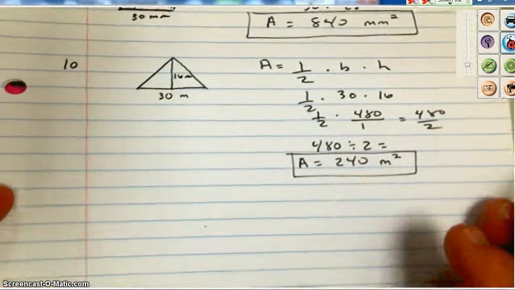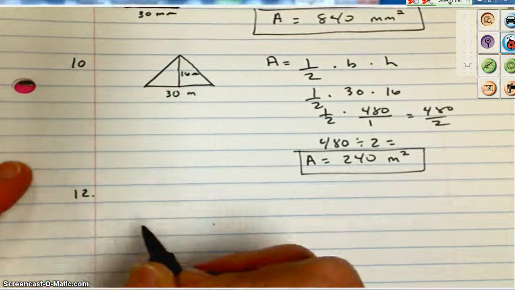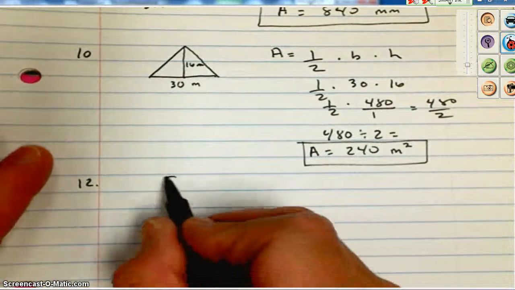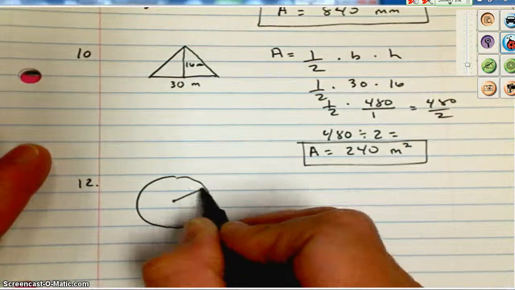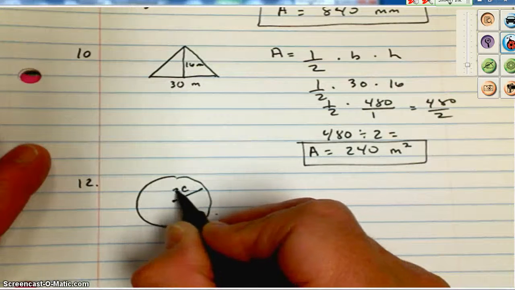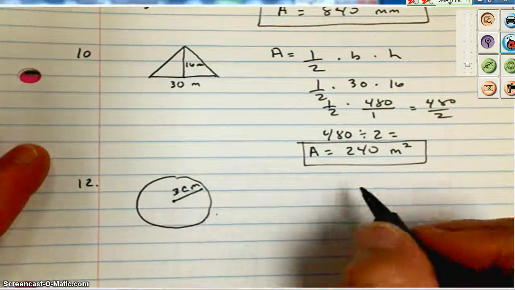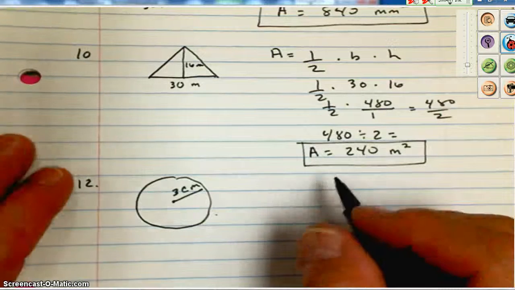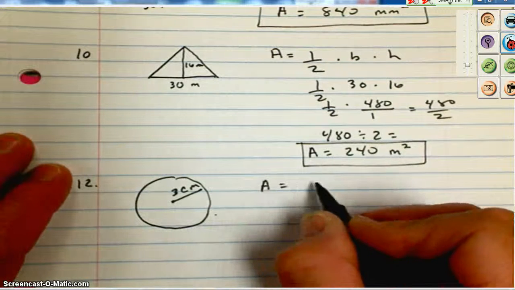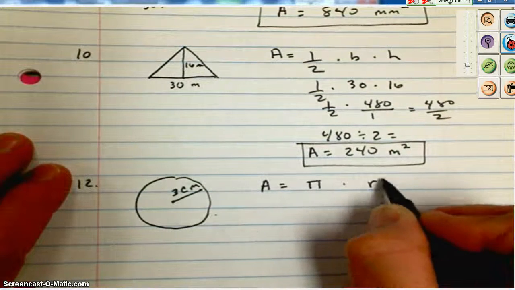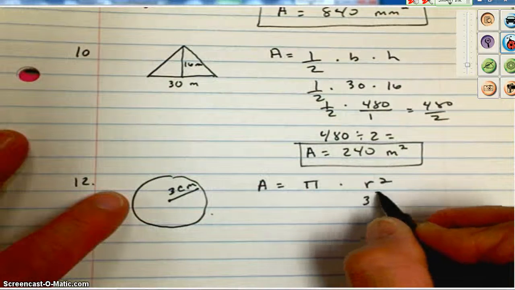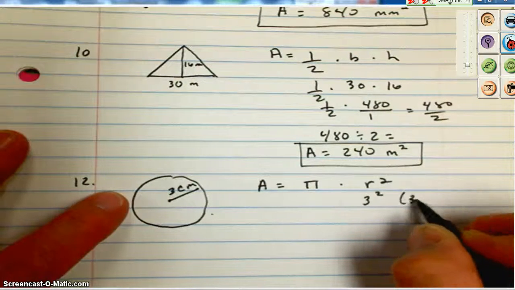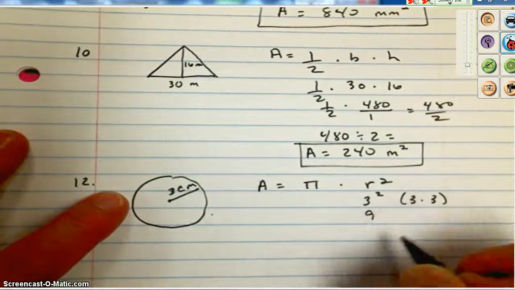Number 12, you had a circle with a radius of 3, I believe, centimeters, and we want to find the area of this circle. Area of a circle is equal to pi times radius squared, and the radius in this case is 3, so 3 squared is 3 times 3, which is 9.